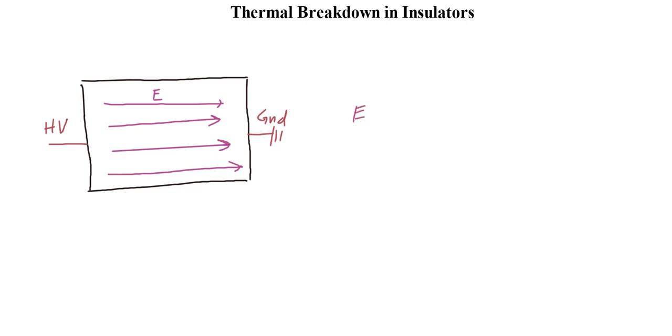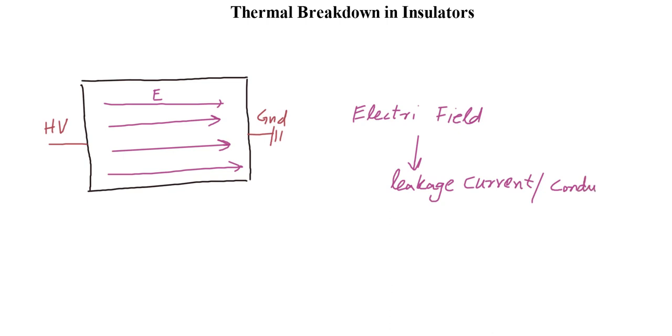So there will be a small leakage current, and if the electric field gets stronger, this leakage current will increase, and this leakage current, or we can also call it conductivity, will cause heat to be produced in the insulator.